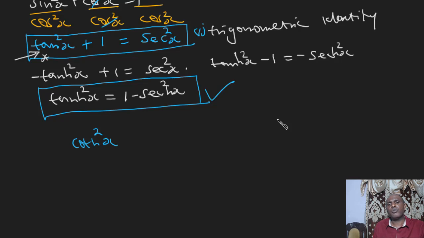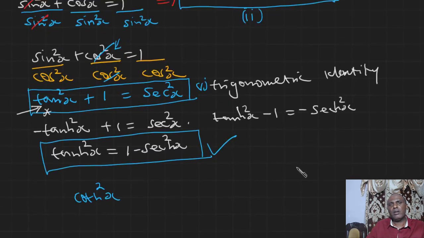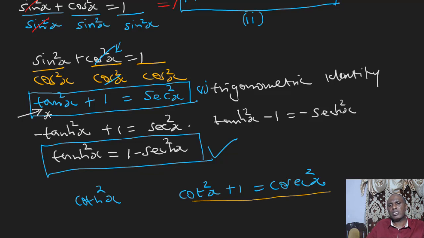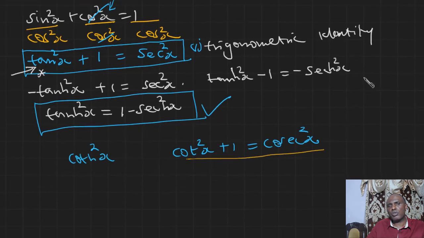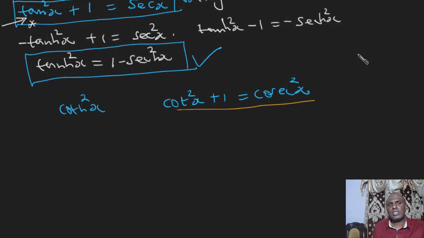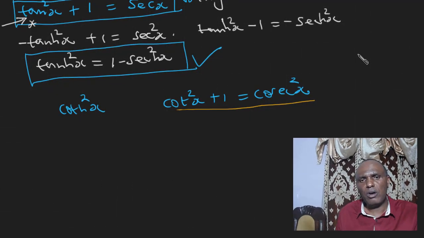Now this one, as I had said earlier, we are going to get it from this trigonometric identity: cot squared x plus 1 is equal to cosec squared x. We want to convert this trigonometric identity to a hyperbolic identity using Osborne's rule, and in this case I want us to look at cot.